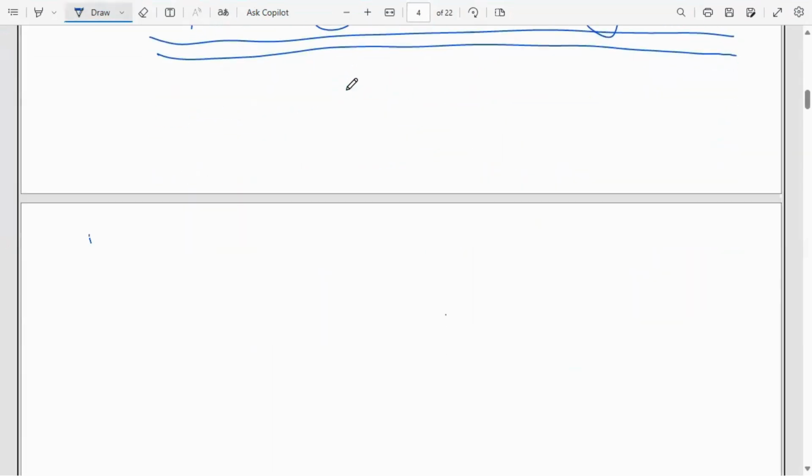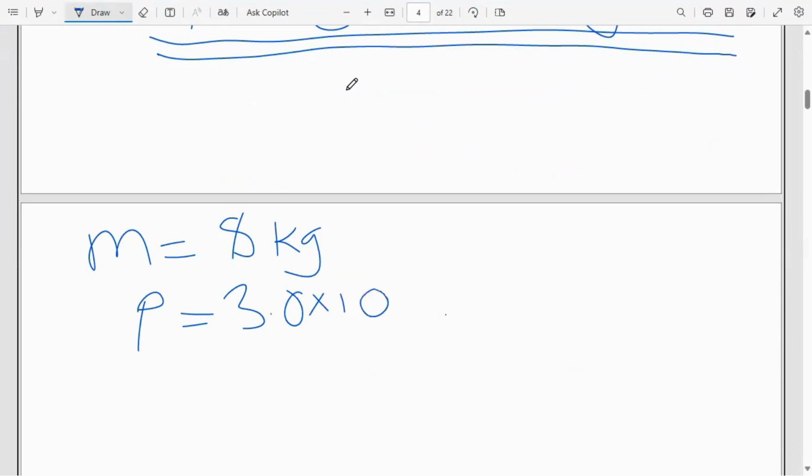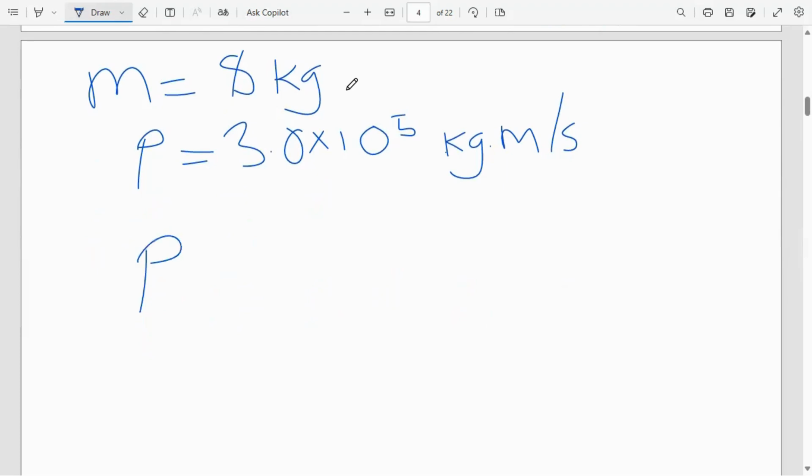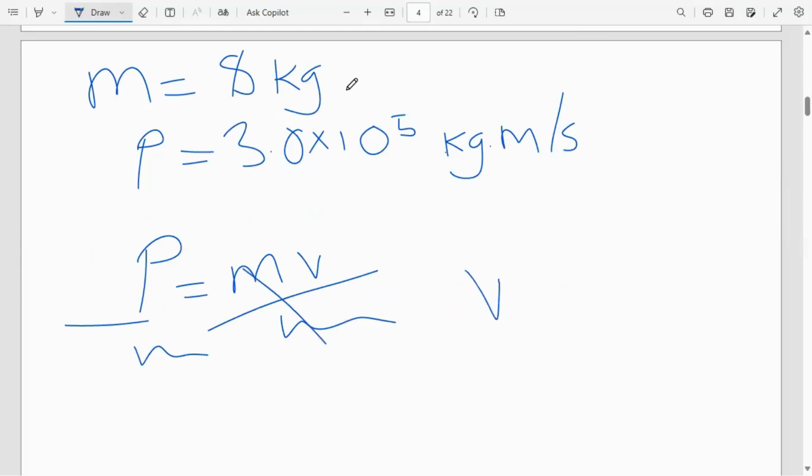We're using the mass of 8 kilograms and the momentum P of 3.0 times 10 to the power 5 kg meter per second. Now let's find the velocity. The formula for momentum is P equal to mv. If I divide both sides by m, I'm going to remain with v equal to P over m.